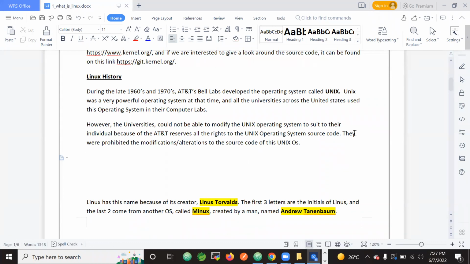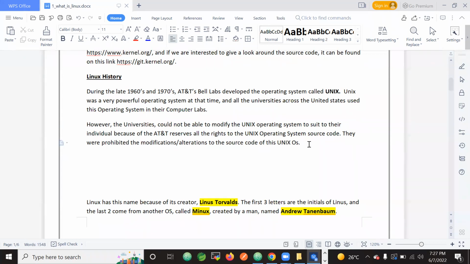Then what happened? As Bell Labs reserved the rights on the Unix operating system, they were not allowing the universities to modify the source code to make it suit their individual needs.